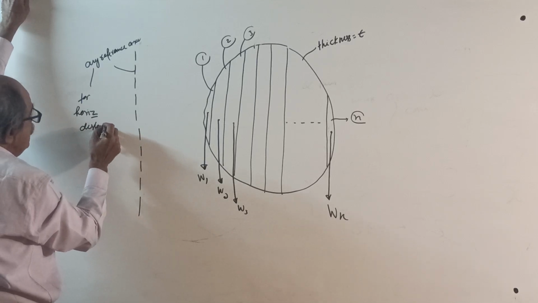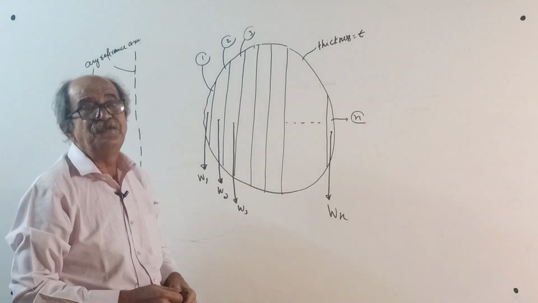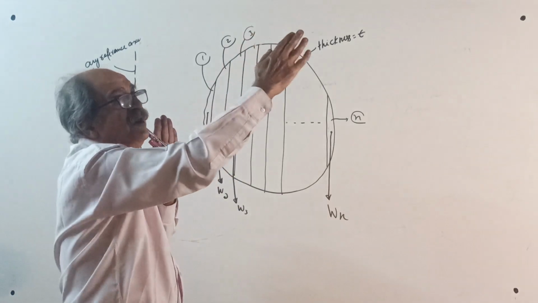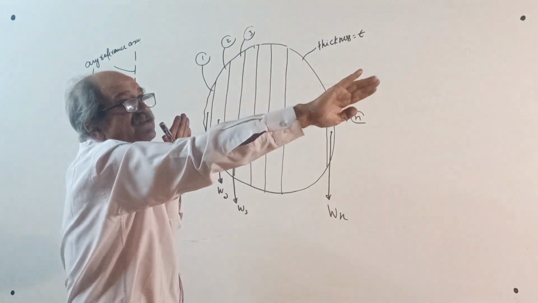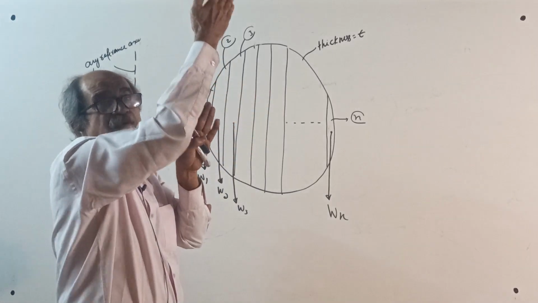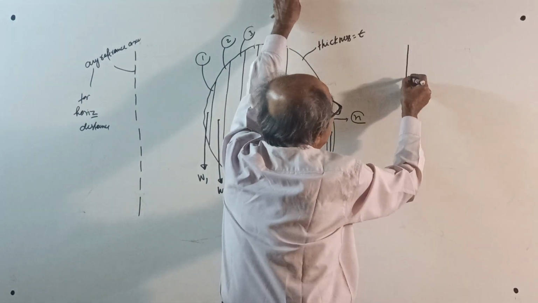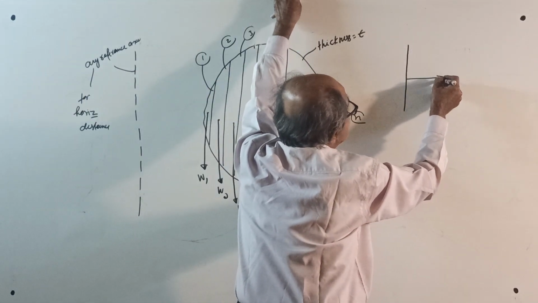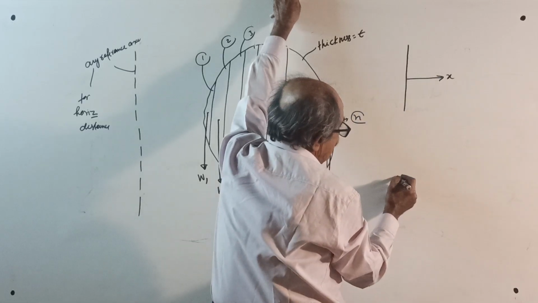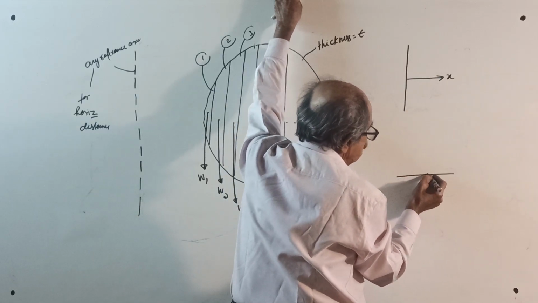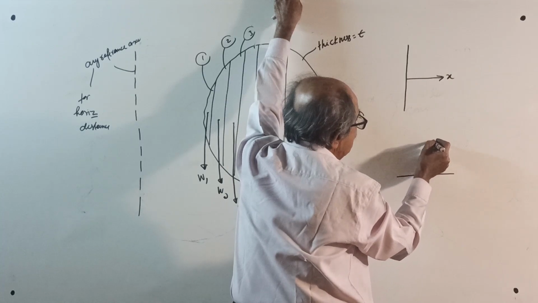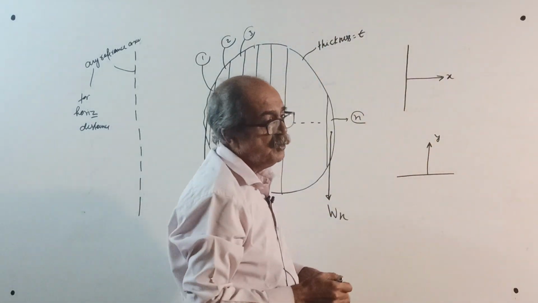Now, one very important thing, you should know that much basic knowledge. Whenever you want a horizontal distance, the reference is always a vertical line. From a vertical line, you always consider horizontal distance, or x. In the same way, from a horizontal line, you always consider vertical distance, y. You should know this.